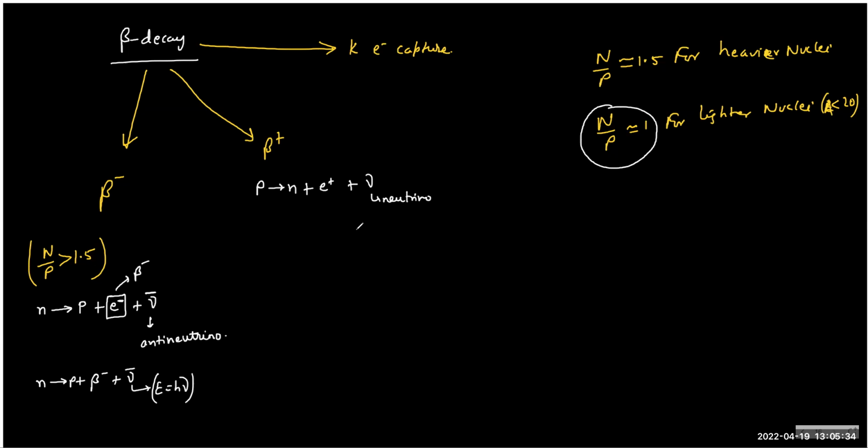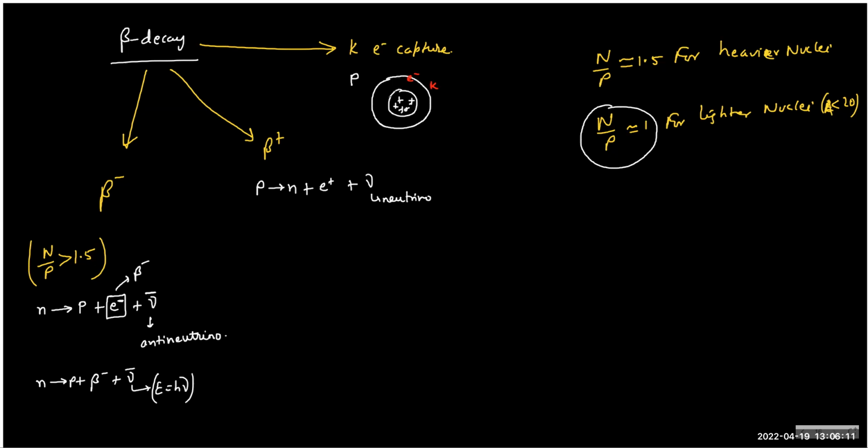The beta plus decay, or positron decay as you can say, and the K electron capture are quite close. So in the K electron capture, what happens? If we have too many protons in the nucleus, let's say a nucleus with too many protons, the attraction is very powerful, and the orbiting electron in the K shell is under threat of this attraction.